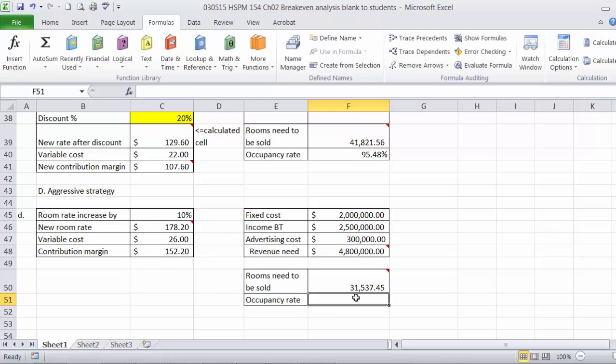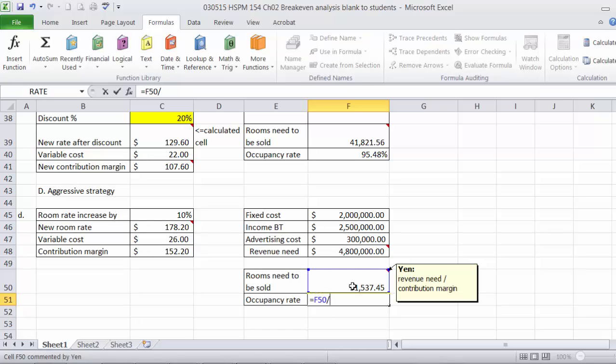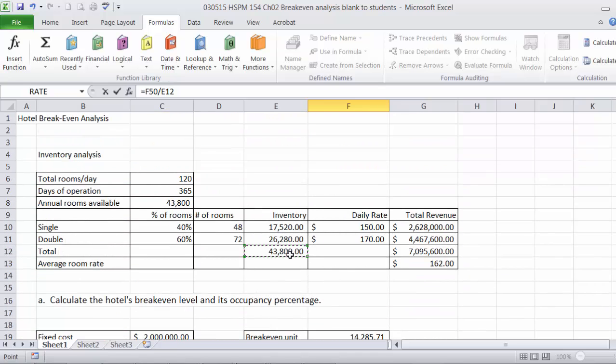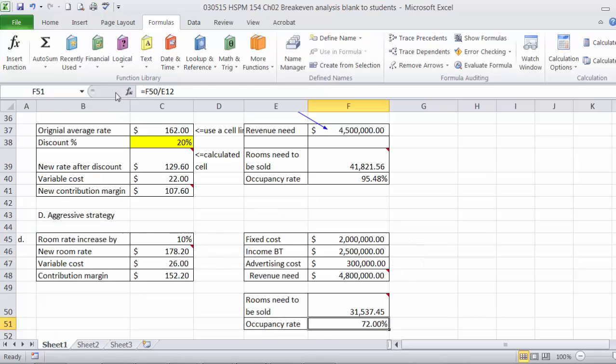Now, what's the occupancy rate? We take the rooms needed, then divide by how many rooms we have. So by using a more aggressive strategy, the occupancy is reduced to 72%.